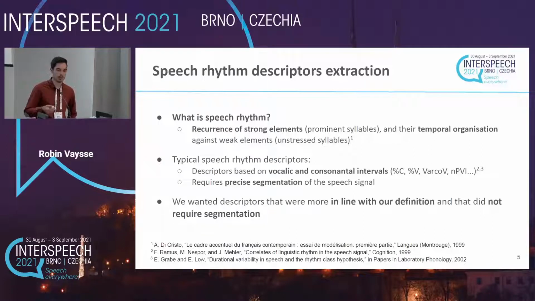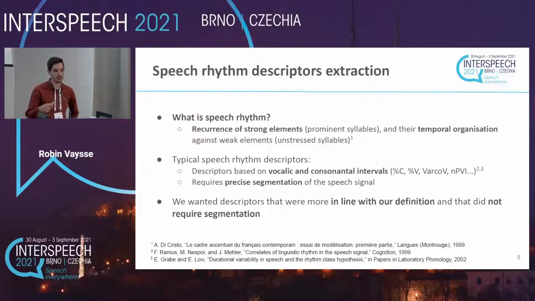Typical speech rhythm descriptors that have been used are usually based on vocalic and consonantic intervals, like %C, %V, and all the ones from Ramus and colleagues, and also other speech rhythm descriptors.